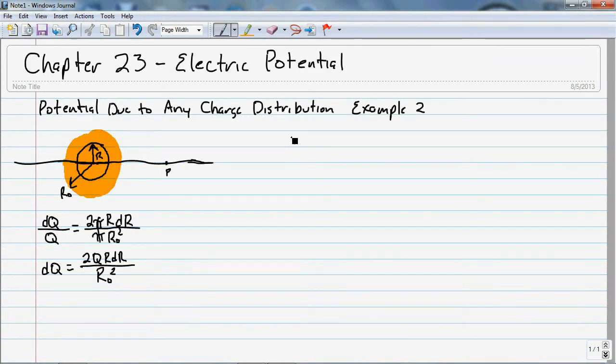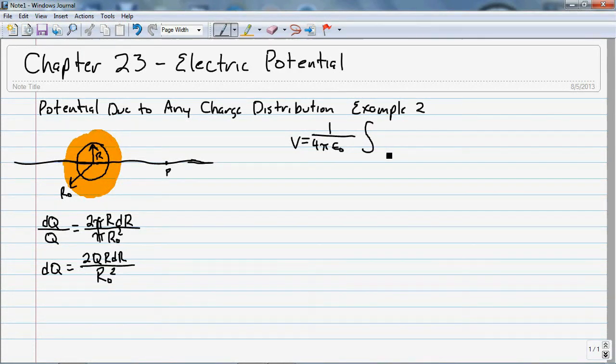So we have our potential function, and that's going to be equal to 1 over 4 pi epsilon naught, just bringing that out of the integral.